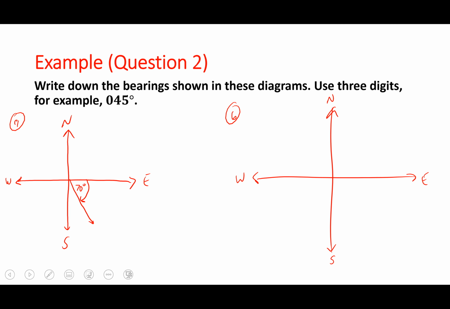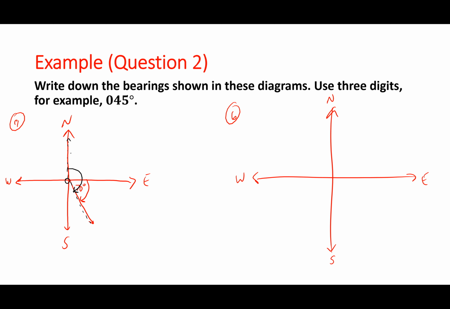How do we find the 3 number bearing? Remember, if this is your starting point, you start by looking at north, and then you turn yourself clockwise until you get to the part that you want.